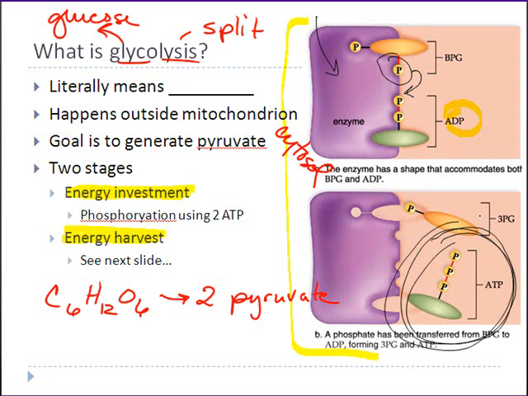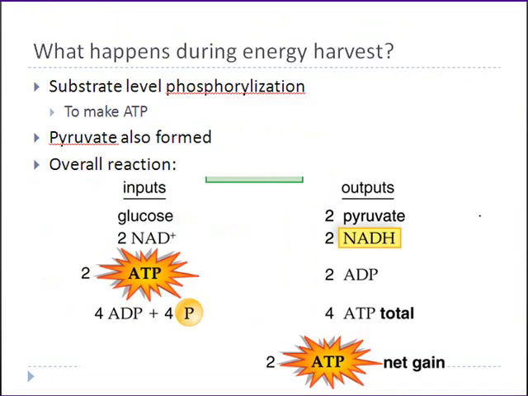Now let's look specifically at what this looks like when we phosphorylate glucose instead of phosphorylating ADP. So again, the first thing we've got to do is substrate level phosphorylation. The overall goal here is that we're going to take a molecule of glucose and attach a phosphate onto it.